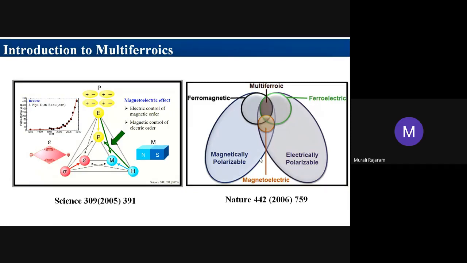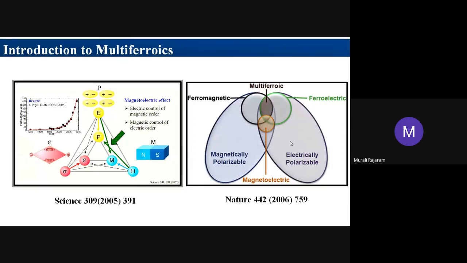Similarly, electrically polarizable is the circle here, and ferroelectric is part of the electrically polarizable materials. In ferromagnetic and ferroelectric materials, you can switch the polarization by applying the conjugate field, and in other materials like paramagnetic or ferrimagnetic, you can't do that.